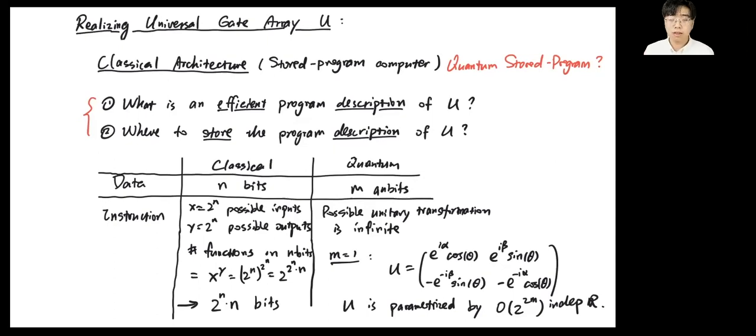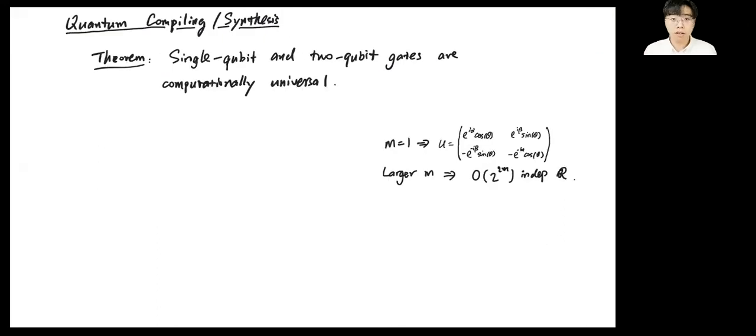In the next few minutes, we will see for the classical case what it means to have an efficient quantum compiling algorithm. And later, in the next lecture, we'll talk about gate teleportation, which is a technique we'll need in order to store and execute a quantum program from quantum memory. Okay, first, let's try to find an efficient way to write down an arbitrary transformation U classically.